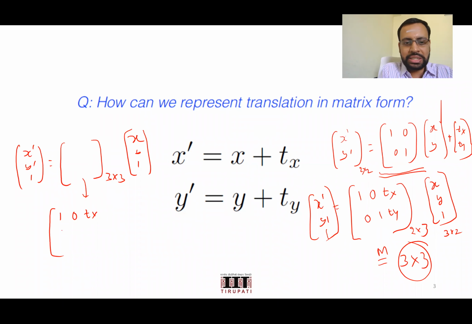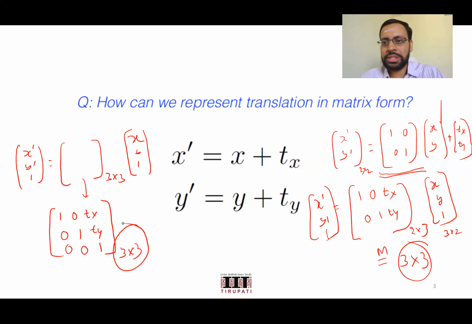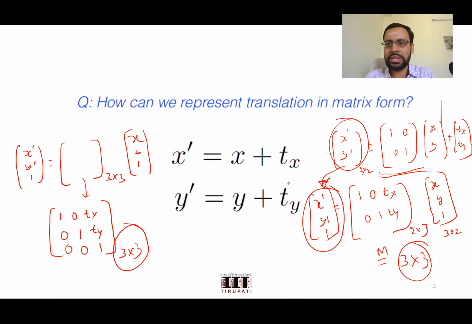1 0 tx, then 0 1 ty, then 0 0 1. Very good. That's all. This is the matrix. From now on, you would use this 3 by 3 matrix for all our purposes. Moving from x dash, y dash to x dash, y dash, 1, this coordinate system is called the homogeneous coordinate system.